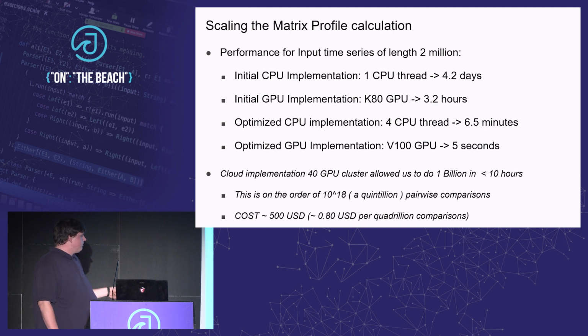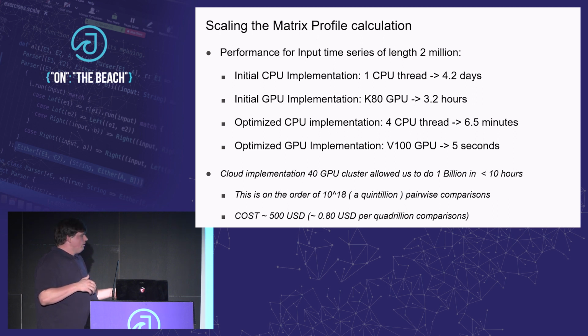So we ended up using a 40 GPU cluster to compute a billion length matrix profile. This is an n squared computation, and it's actually an optimized version of what I just discussed. That leads to approximately 10 to the 18th pairwise comparisons.